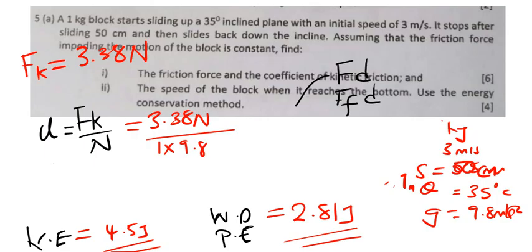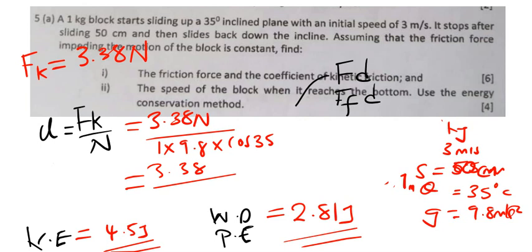Because there's an angle, it is going to be mg cos of that angle. That is very important for us to write, because an angle has been mentioned. The angle given is 35, so we have 3.38 Newton divided by 1 times 9.8 times cos 35.